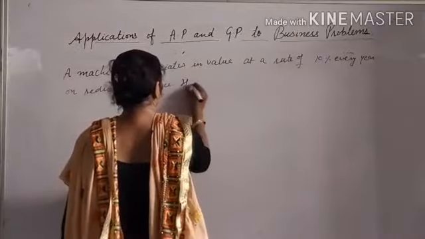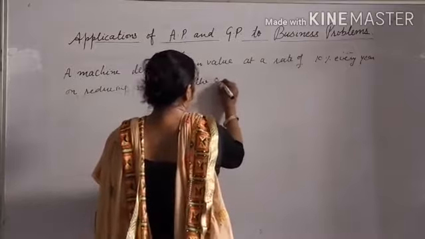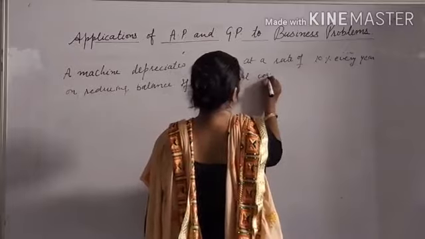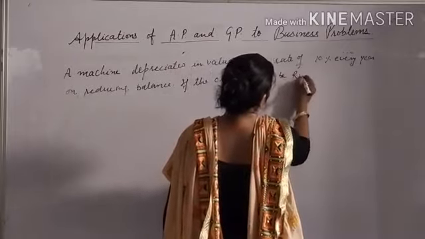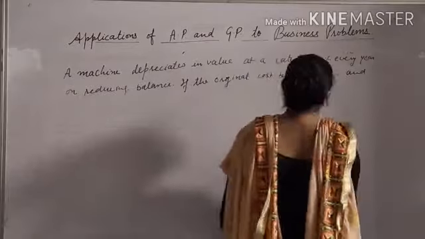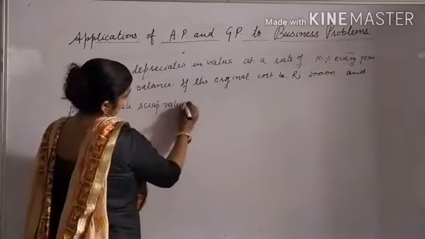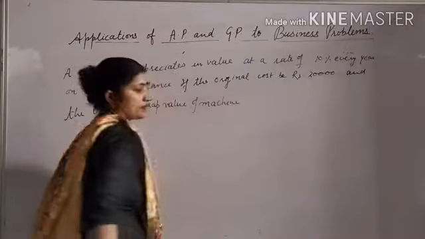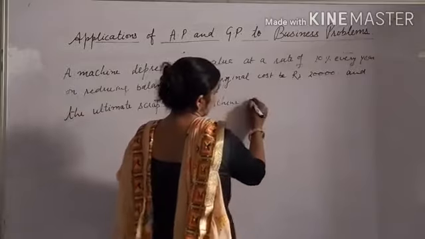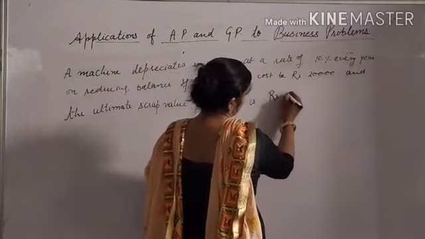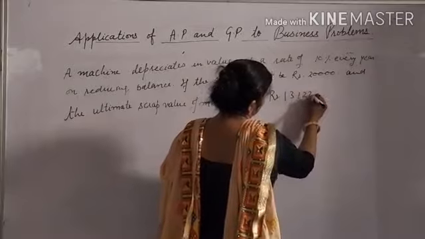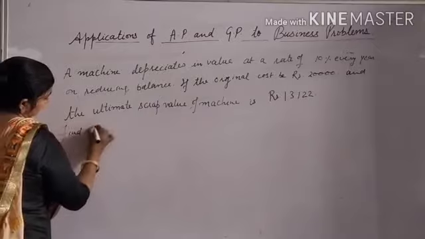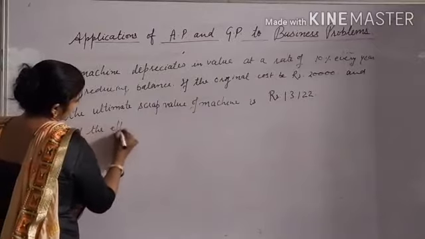If the original cost be rupees 20,000, the ultimate scrap value of the machine is rupees 13,122, then find the effective life of the machine.